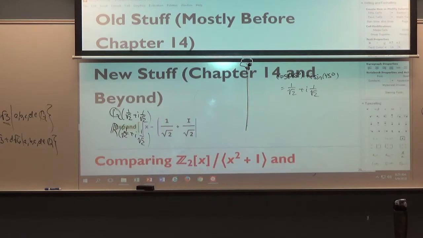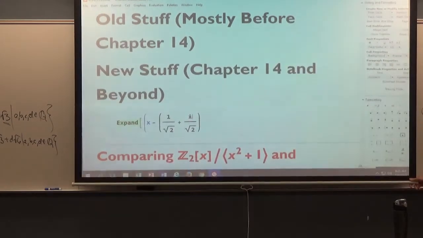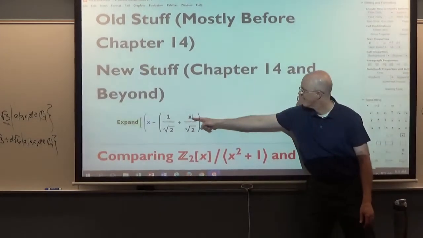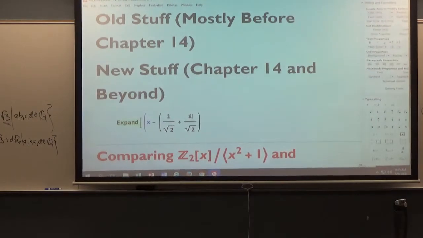You can also use double-struck i, which you can make by doing escape, double i, escape. It makes a fancy looking i there. That's hard to see. Probably easier just to use a capital I.